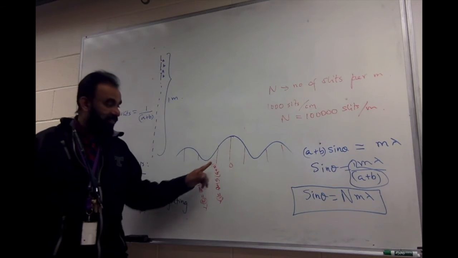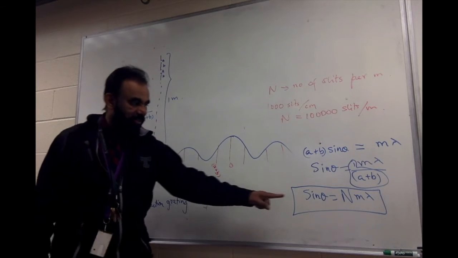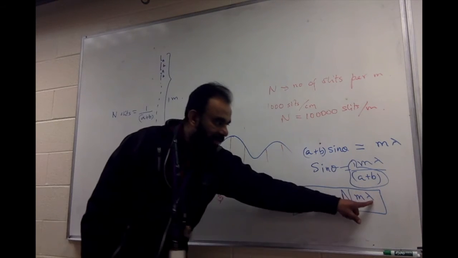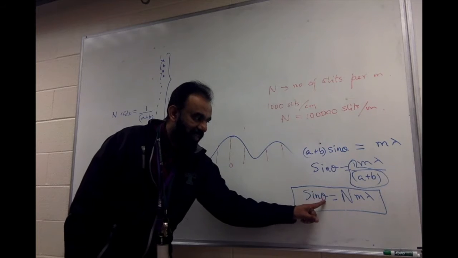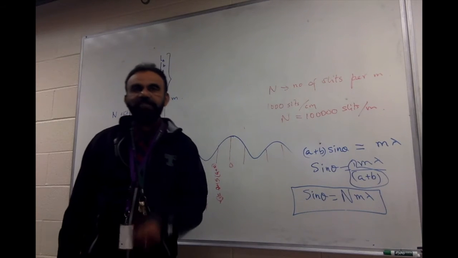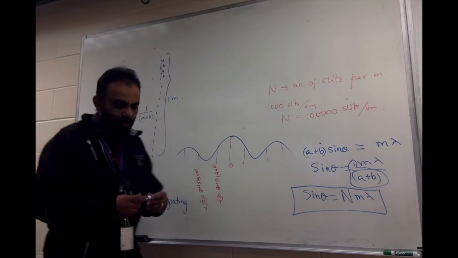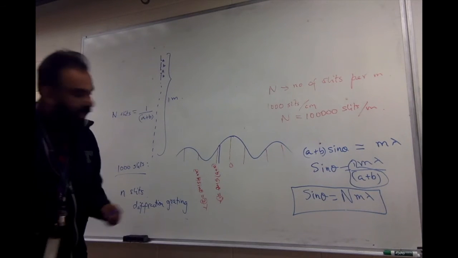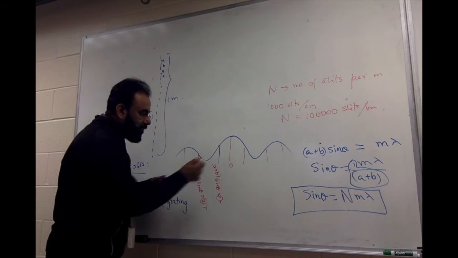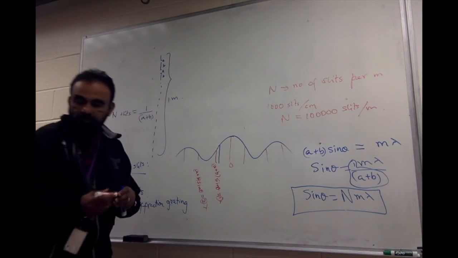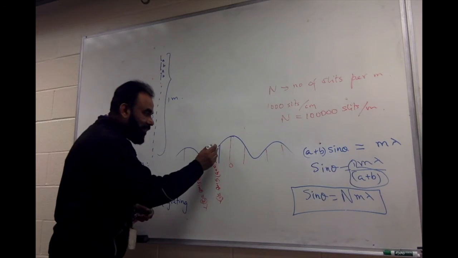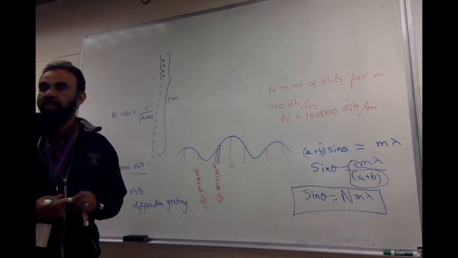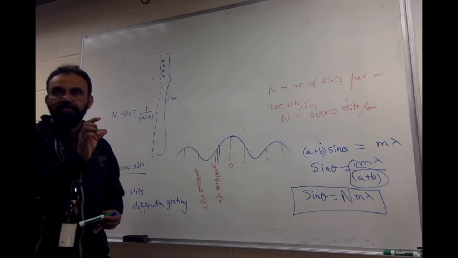For the first order, using this equation, which color will have less angle of diffraction? Violet. So you'll have violet here and red here and green here. In other words, you have a spectrum of colors.